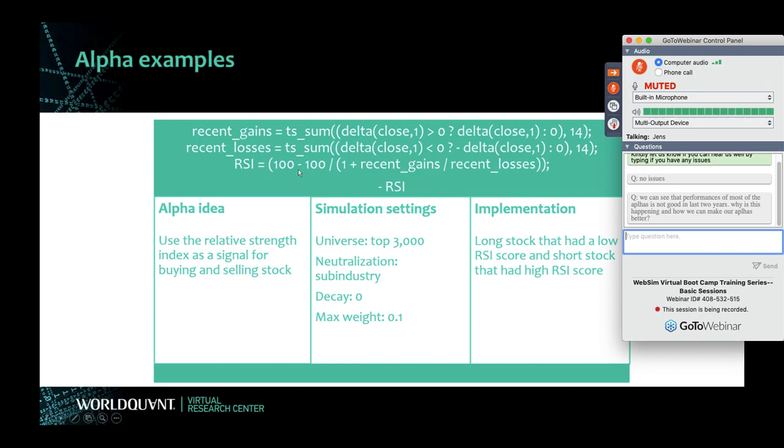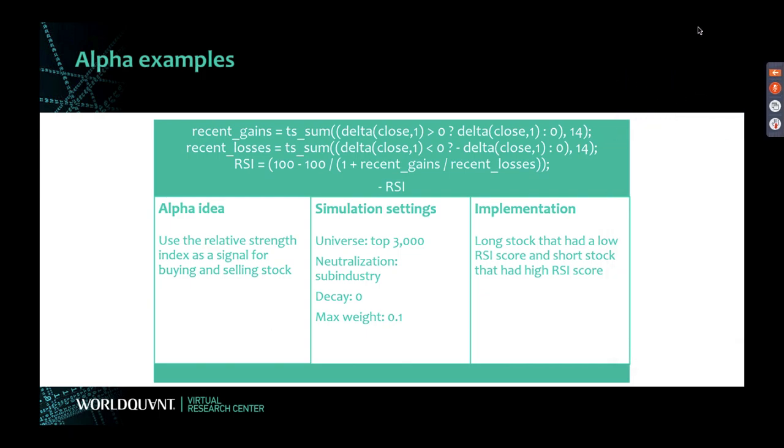I think in general there are two things we could talk about, and I like to talk about the alpha more than the RSI. You can read about the RSI index, but it should be a signal for buying or selling stocks.